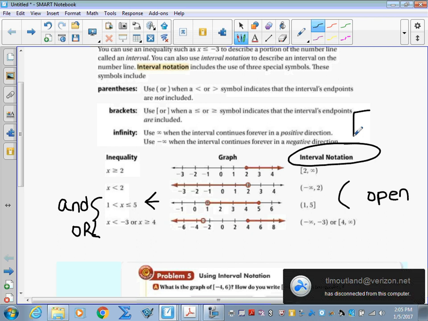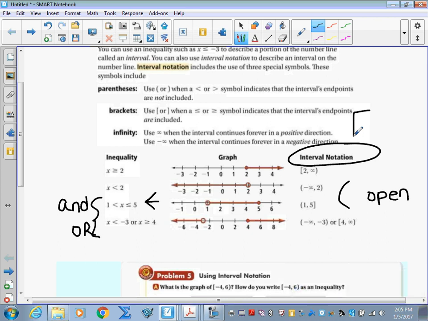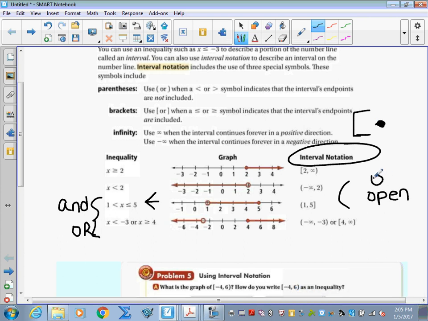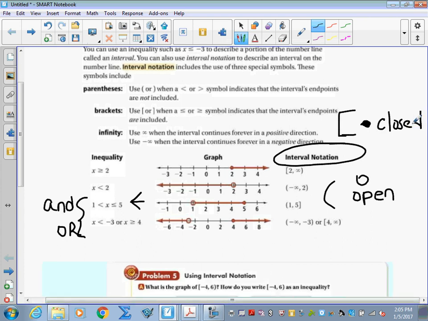Hold on one second. The bracket means the dot is closed. All right, so the bracket here just simply means the dot is closed.